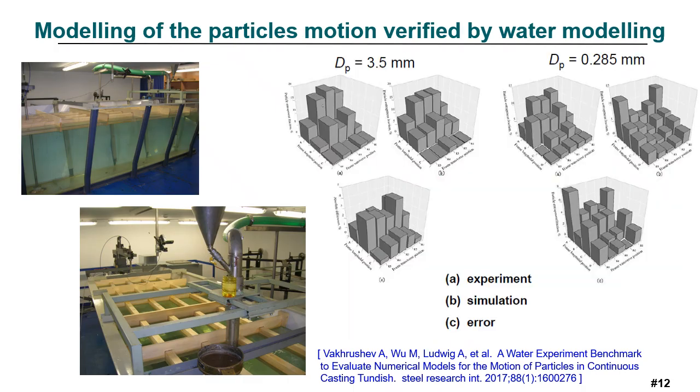Based on the experimental results, we have verified the accuracy of our models for different particle sizes, as well as estimated the importance of different forces which act in the turbulent flow on the particle motion and their distribution.